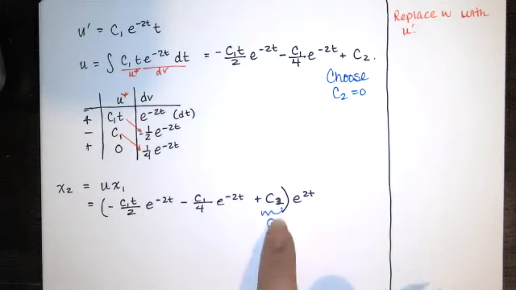So if I choose c2 to be 0, and I choose c1 to be, let's say, 4, I could clear all the fractions. Or I might even choose c1 to be -4 to make this nice and clean.